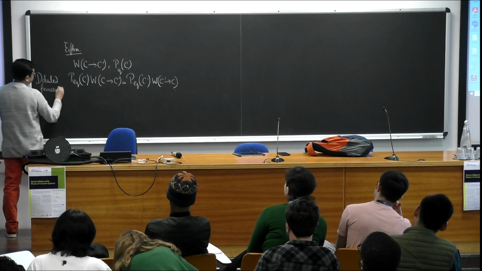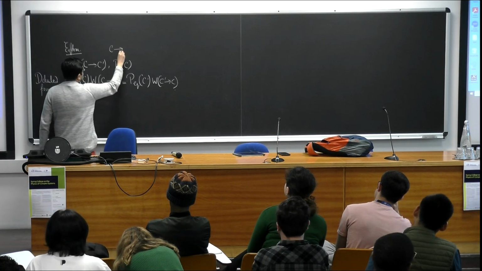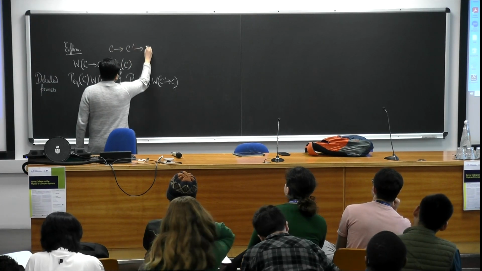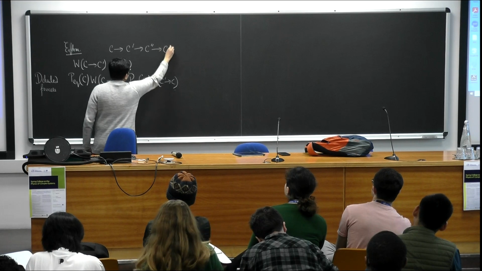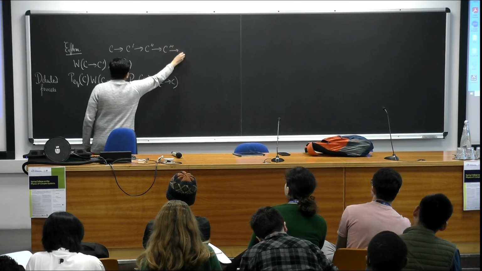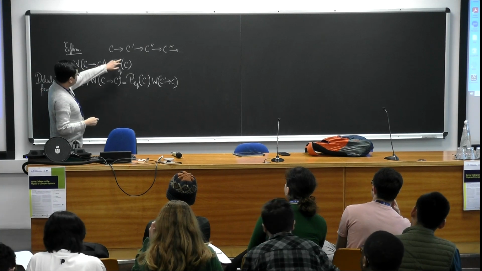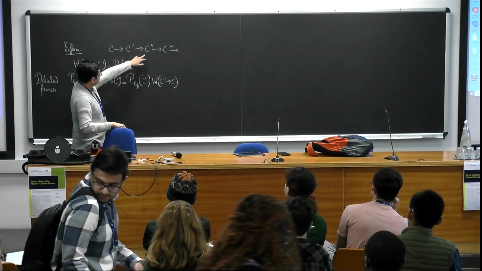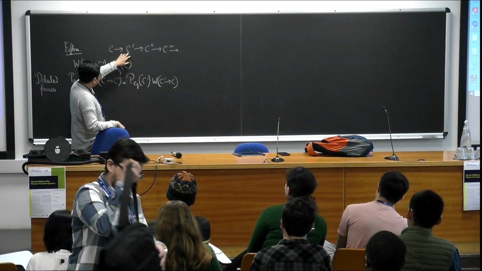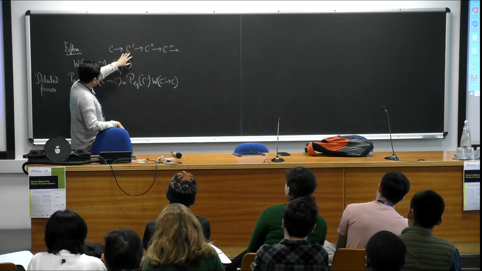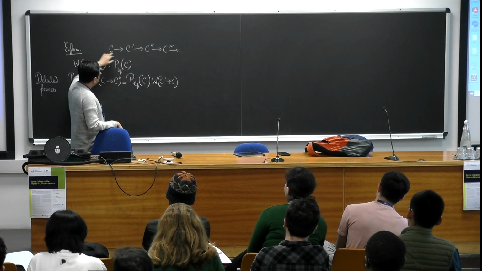If you look at a sequence of configurations, and it is Markovian, then what is the probability that you are here? It depends on just the situation one step back. It doesn't depend on how you got there.